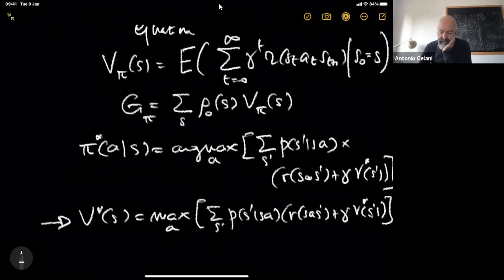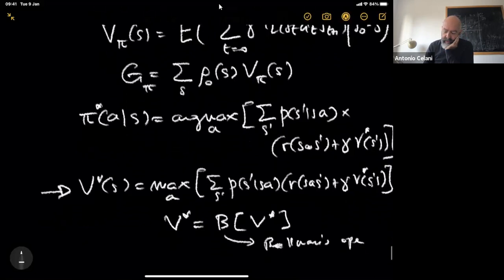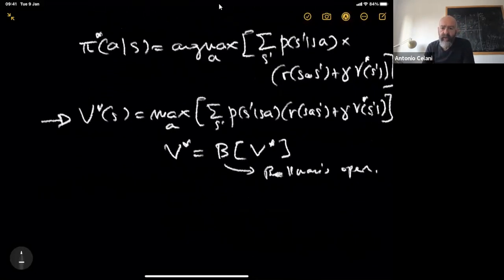And then we've seen in the previous lectures that this equation can be seen as a nonlinear vectorial equation, which features a nonlinear operator. This is the Bellman's operator. And this operator is contracting in the L-infinity norm, which tells us that this equation has several nice properties.